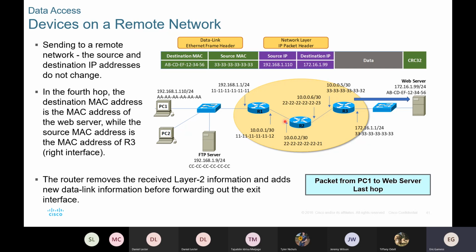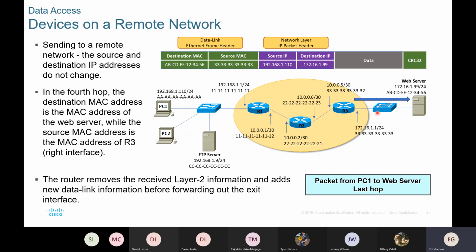So if I am in this link, I can only use a MAC address of this link. If I am on this LAN, I can only use MAC addresses that belong to this LAN. Now the IP addresses are global, so they don't change.